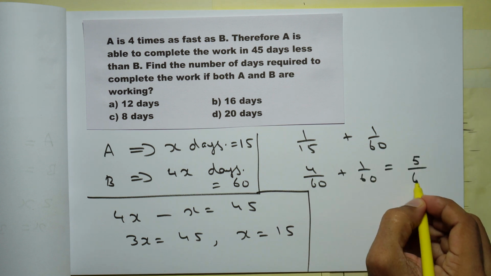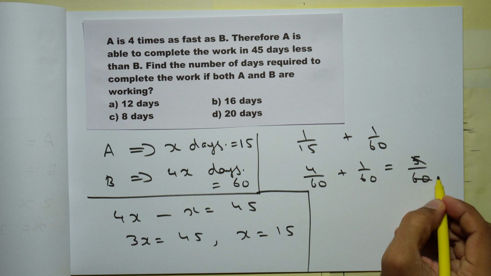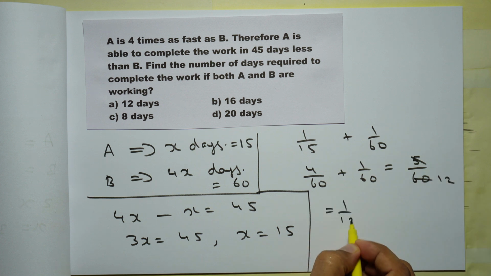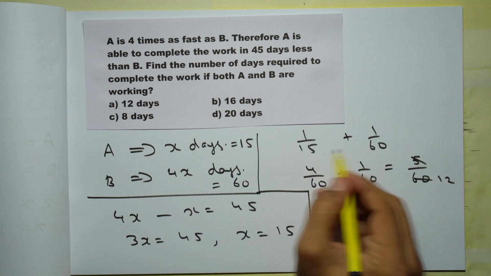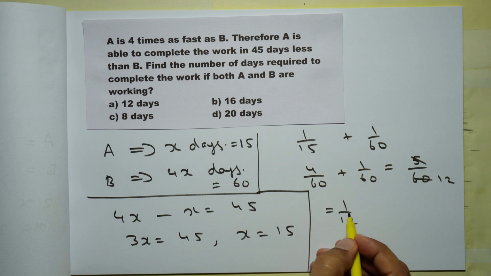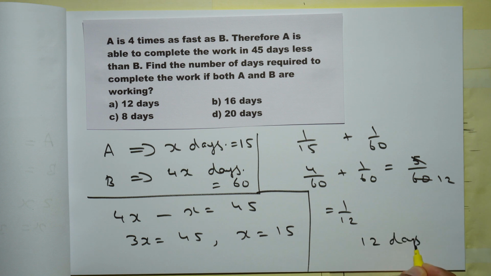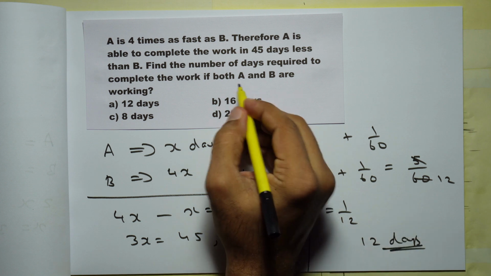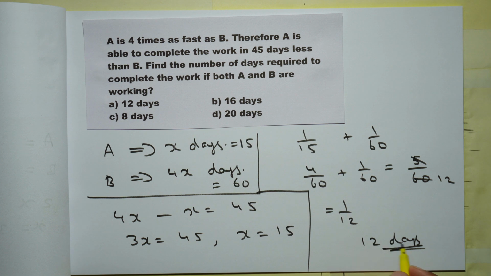So that will be 5 by 60. 5 divides 12 times. So that is same as 1 by 12. So if both A and B are working, every day 1 by 12th of the work will be done. So how many days are required? Just find out the reciprocal, that is 12 days. So if both A and B are working, they will require 12 days, option A.